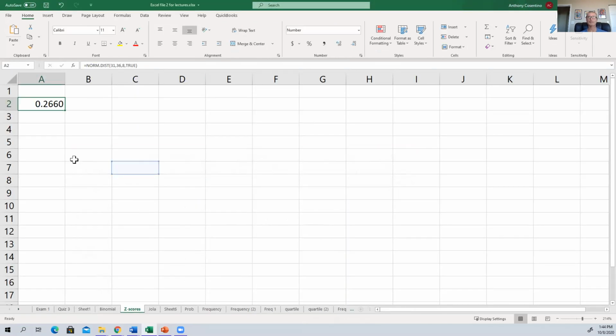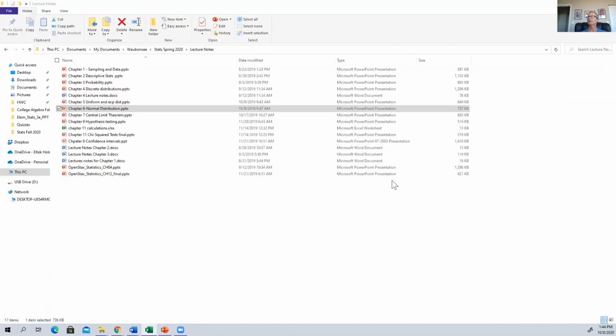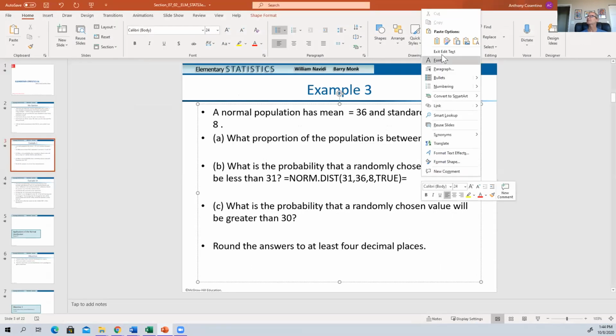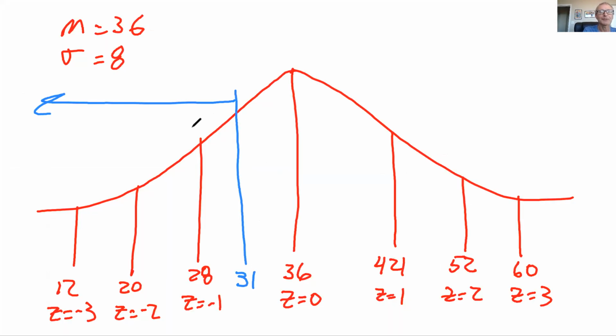And if I wanted to get the number, I could just copy this again and plug in the number right into this. There you go. So if we go back to the whiteboard, this means that the area from here all the way to 0 is 0.266. Cool. Okay, so that's the first question.